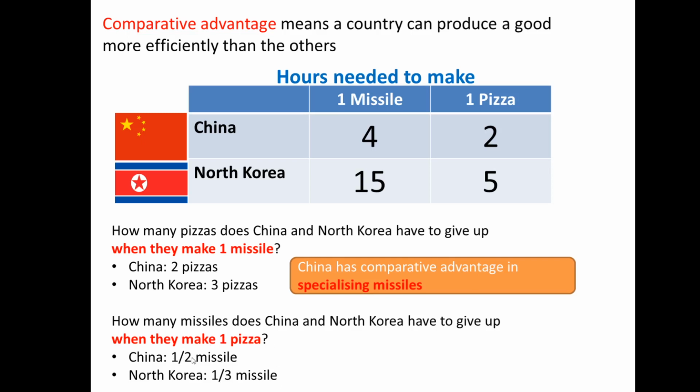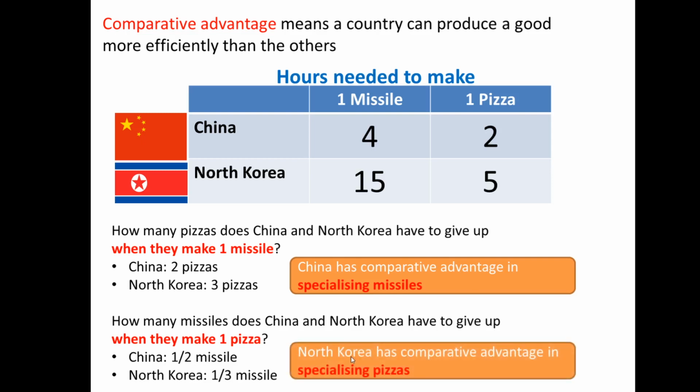So North Korea is cheaper at producing pizza compared to China. We would say North Korea has the comparative advantage in specializing in pizzas. So at the end, if they trade together, they will both get benefits by trading.